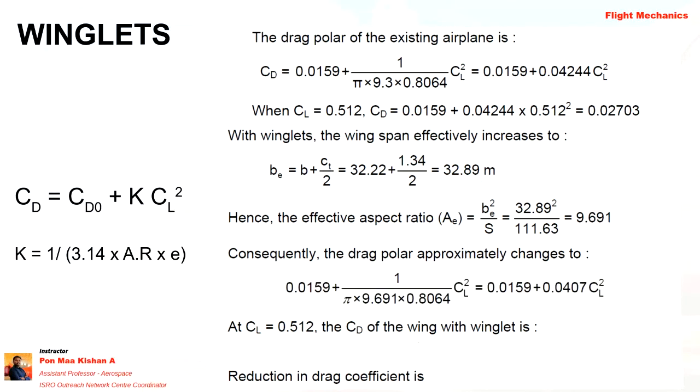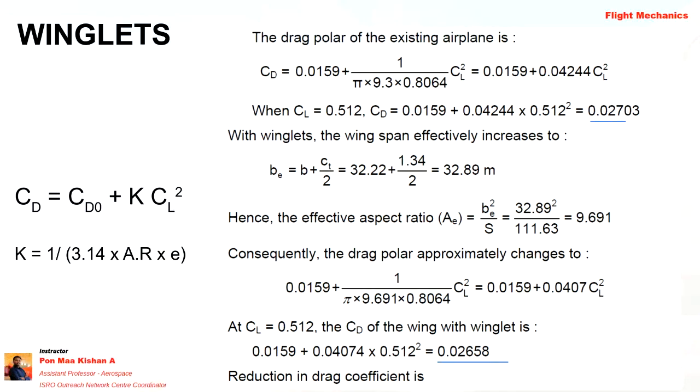Okay. So what will happen with this value? So if you compare, this is with winglet configuration, coefficient of drag, and this is without winglet configuration. So if we compare the coefficient of drag, how much is it reduced? So of course it is reduced, right?